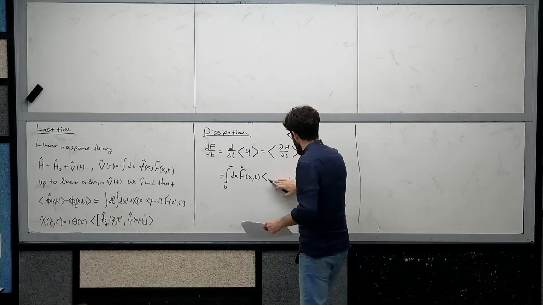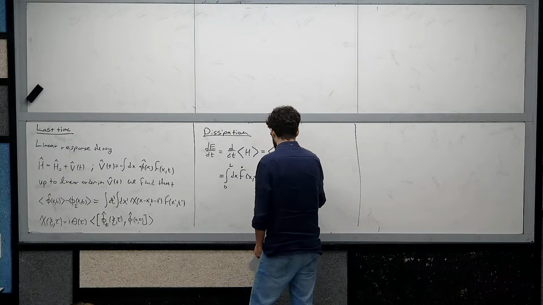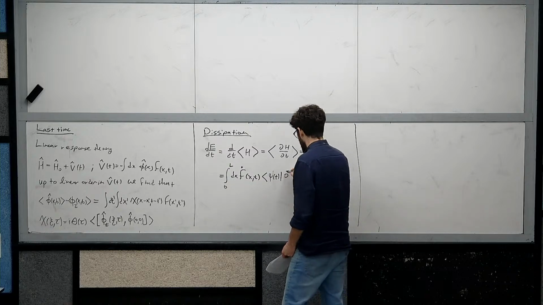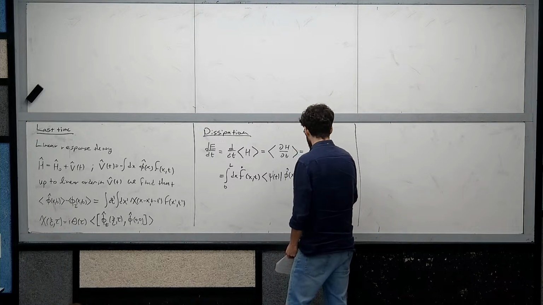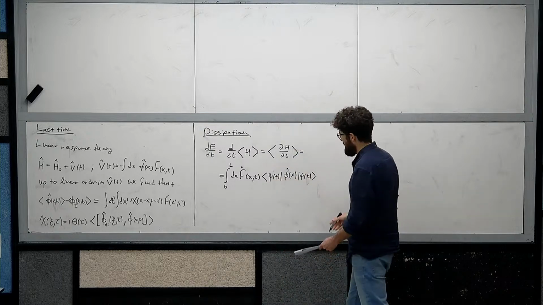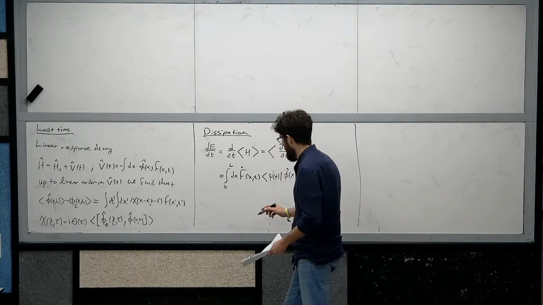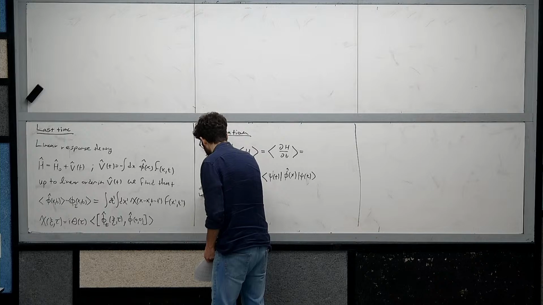So to be more explicit, let me write it like this. I can write it psi of t, let's call it, like the wave function, the field wave function, say phi of x psi of t. This is what we mean. And this is something we can calculate up to linear order.